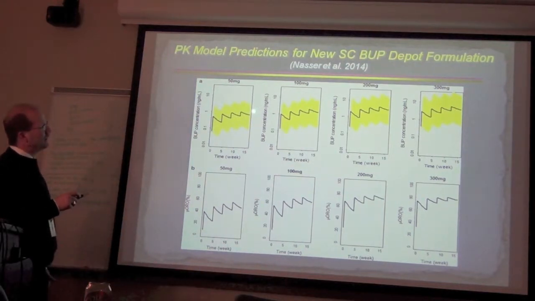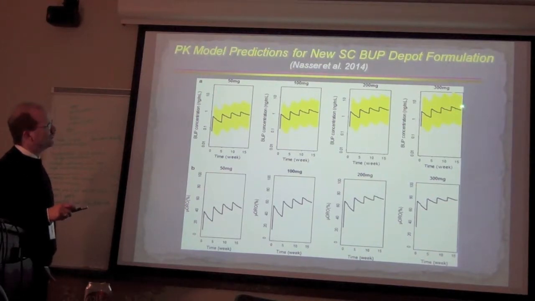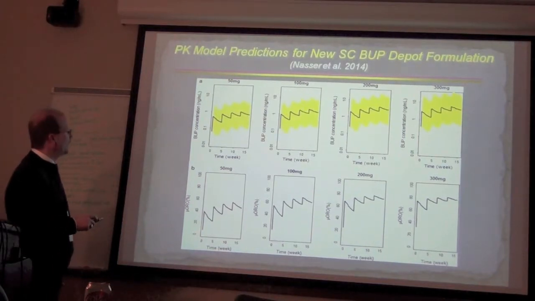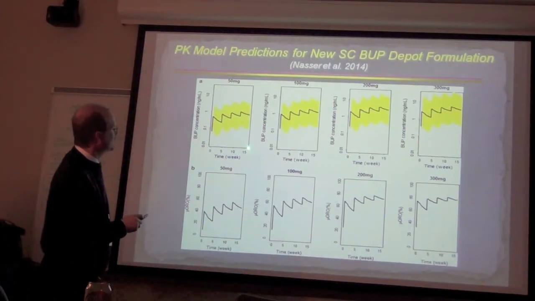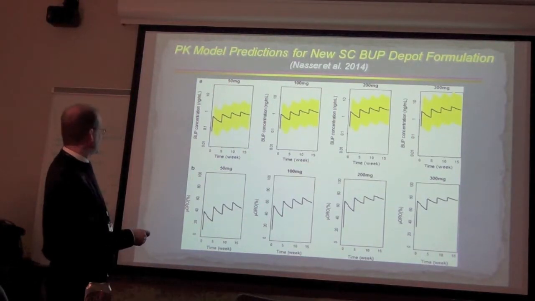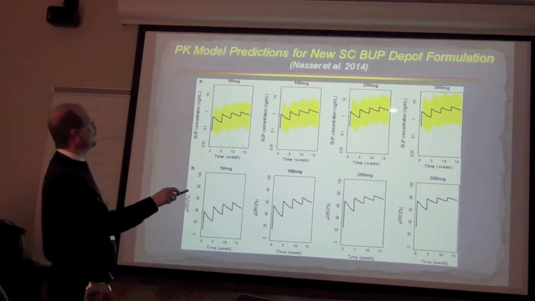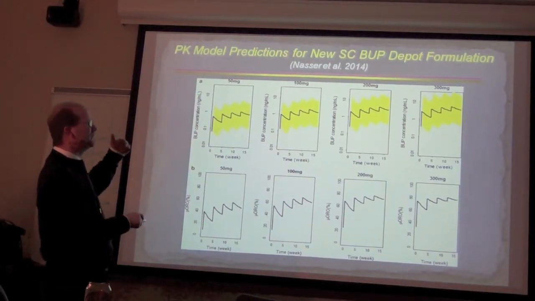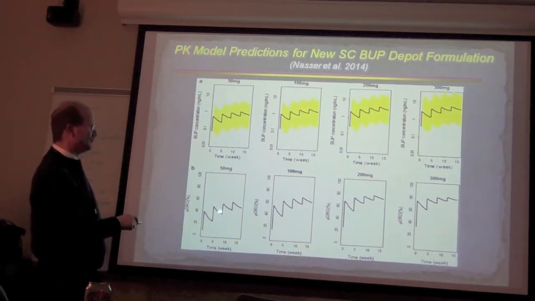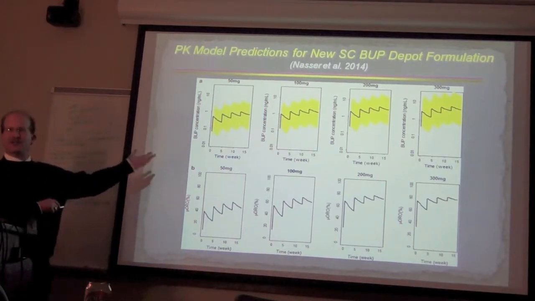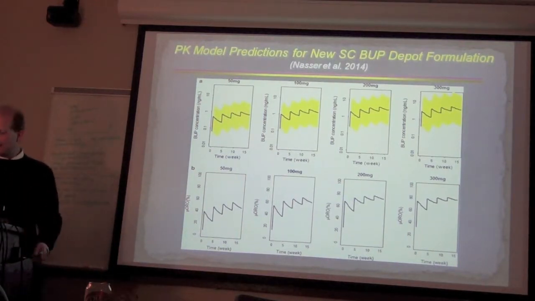But they did a multiple dose ascending study in different groups, with 50, 100, 200, 300 milligrams of buprenorphine across about 15, 16 weeks here. This is the actual plasma data, and then these are the simulated receptor availability based on the PK/PD modeling that they did.